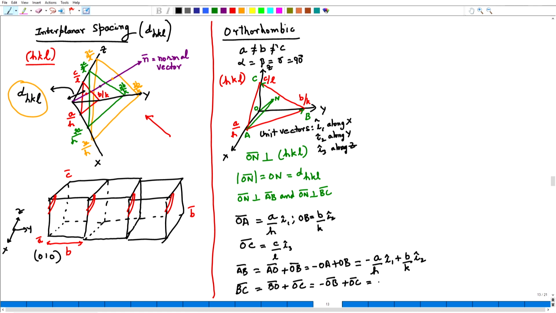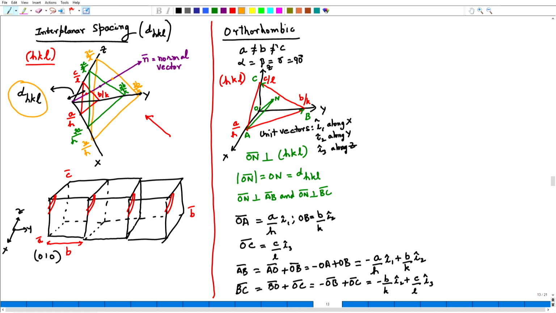So, that is minus b by k I2 unit vector plus c by l I3 unit vectors.